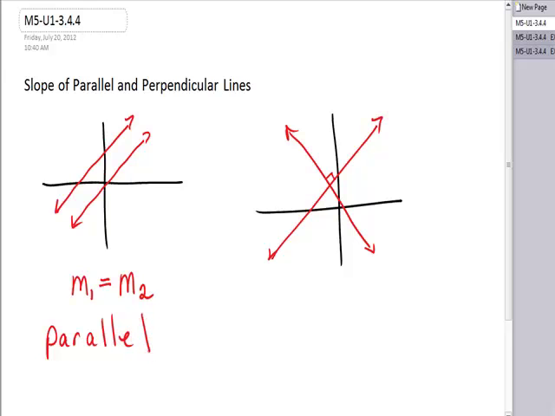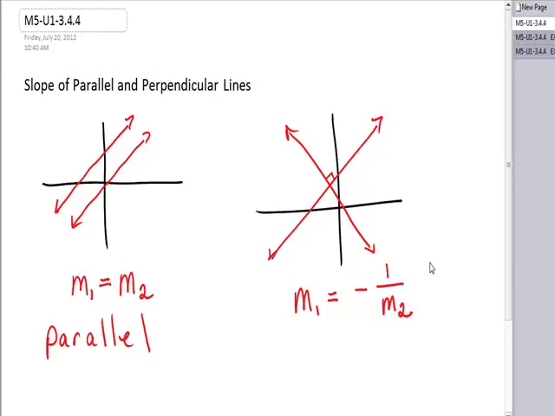When the lines are perpendicular, you can see that one would be a falling line and one would be a rising line. That means one will be positive and one will be negative, but there's more. Not only will that happen, but they will be reciprocals of each other. Now that's written as M1 is the opposite reciprocal of M2.